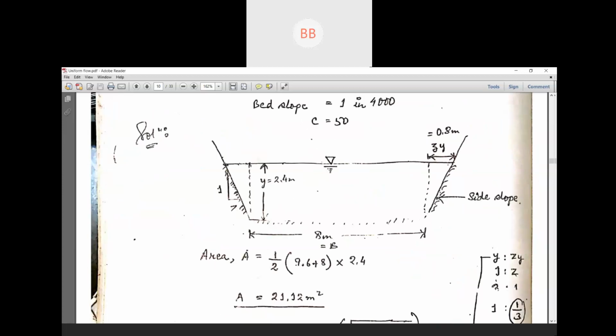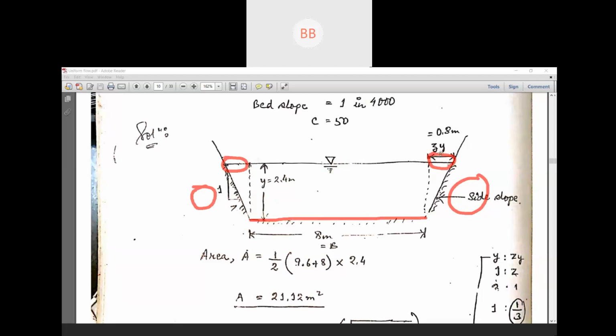In a trapezoid, if side slope for both sides is the same, then these two portions are also the same. If you find one, you need not find the other one again. We just multiply the two. This is the bottom of the channel.